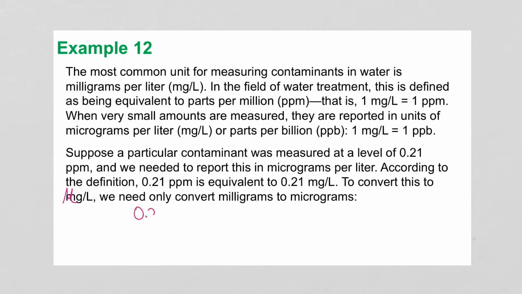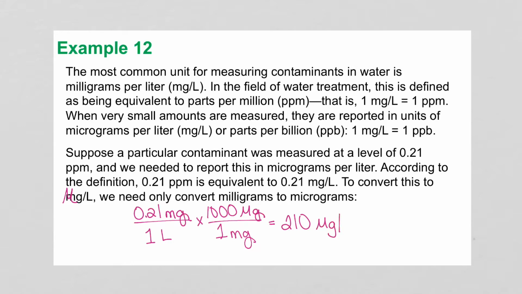So 0.21 milligrams per 1 liter. And we know that in 1 milligram, there are 1,000 micrograms. We just multiply. 210 micrograms per liter.